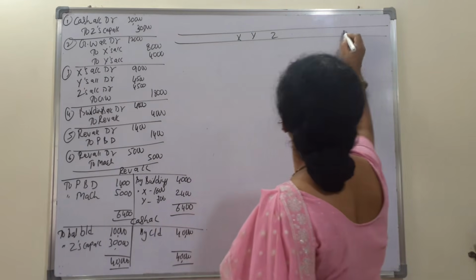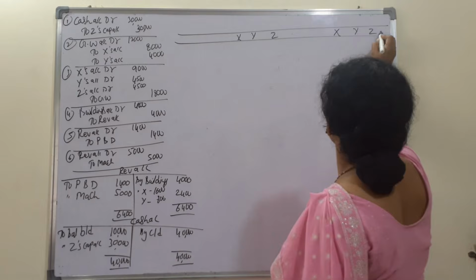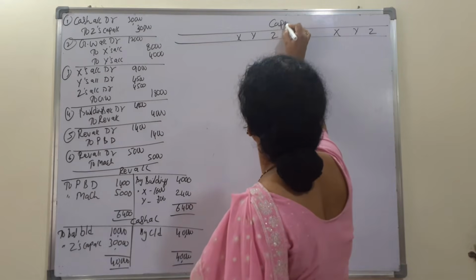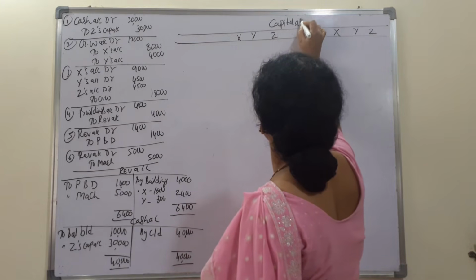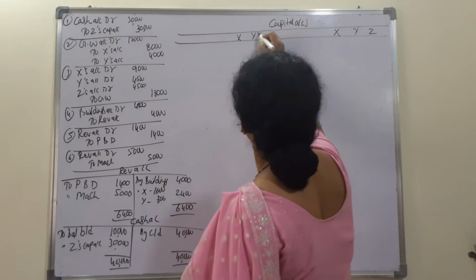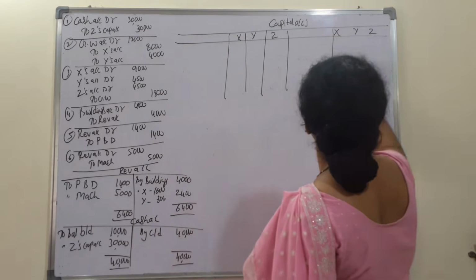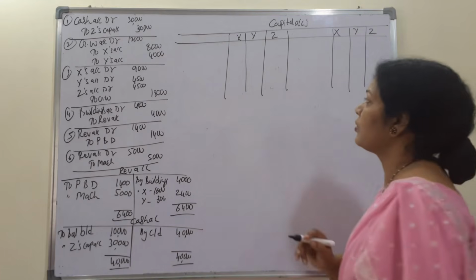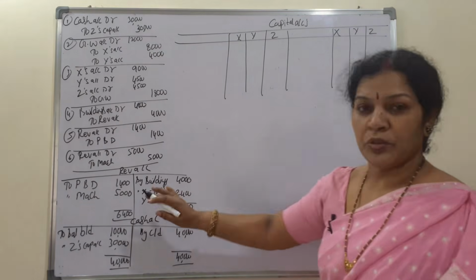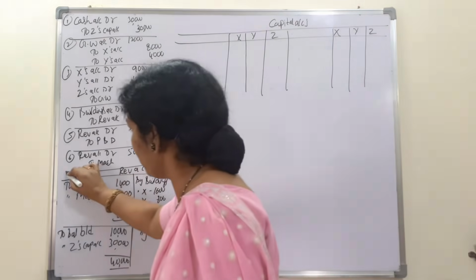Next, the capital accounts of X, Y, Z. You know that format, everywhere you have to write debit and credit.